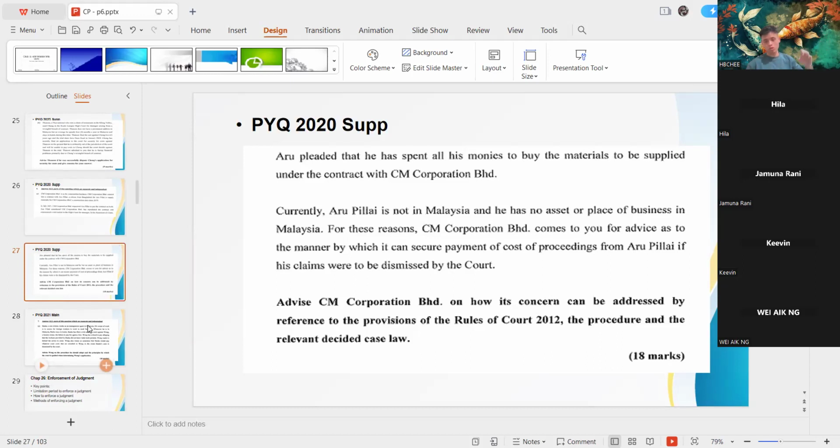Unlike the 10 marks questions, you just need to follow straight to the point. But this one, you have to put some criticism, you have to put some analysis on it already, to secure your answer. That is why for this 18 marks question, you have to raise the possible defense, and then when you make the conclusion, this is how that will work out. You just follow the general rule and then end your answer.